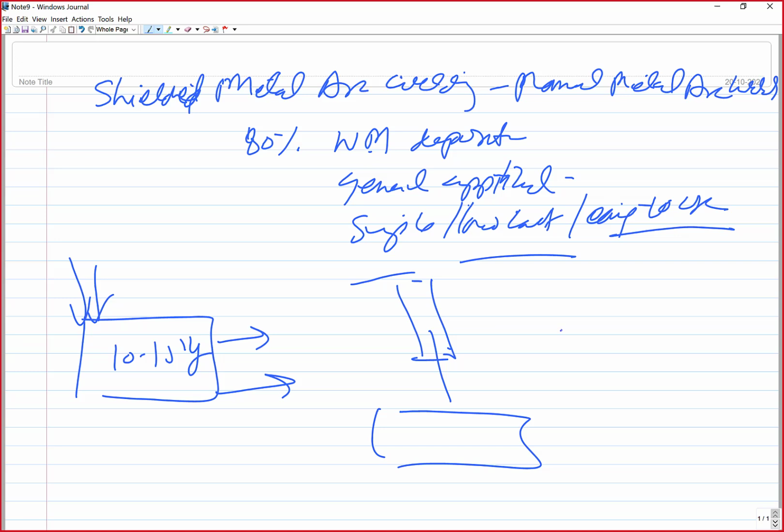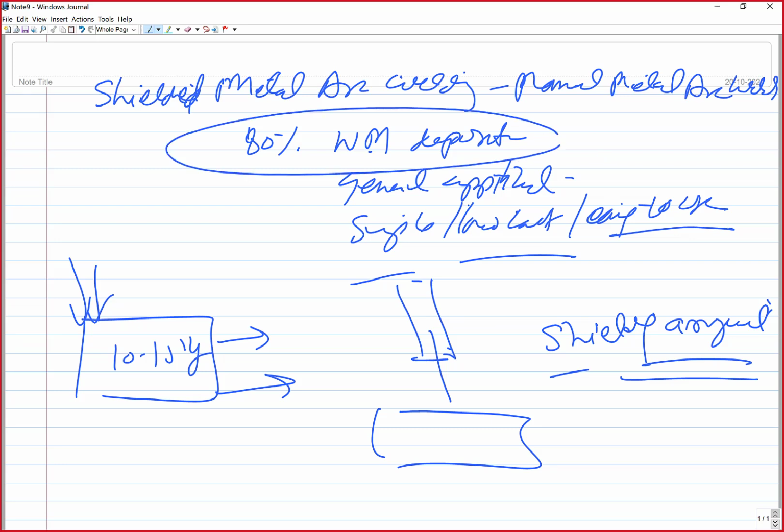It doesn't require any special shielding arrangement. That's the good part. That's why it's a very cheap, low cost, simple, easy to use process. And a lot of weld metal is deposited commercially; out of the total weld metal deposited, about 80% is deposited using the shielded metal arc welding process.